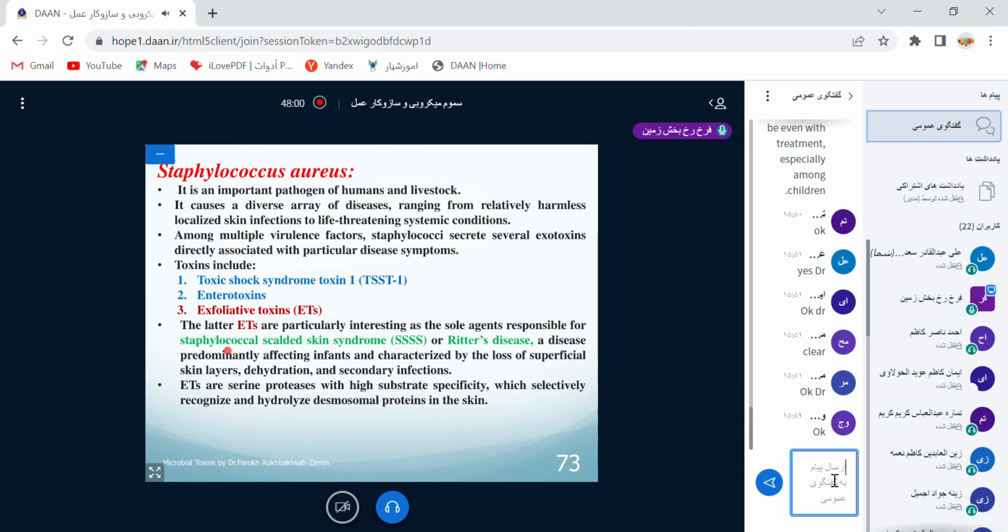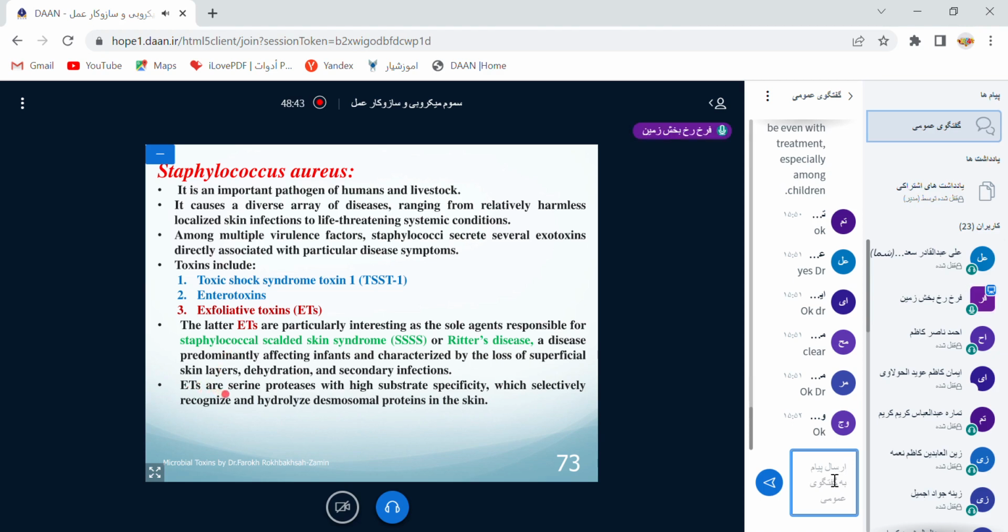Normally, Staphylococcus aureus cannot attack our skin because we have a normal and strong immune system. But in infants and children, the immune system is very weak. On the other hand, not all Staphylococcus aureus strains have the ability to produce these types of toxin.